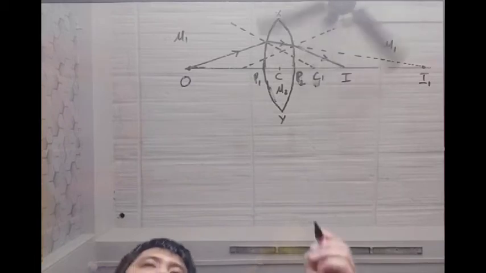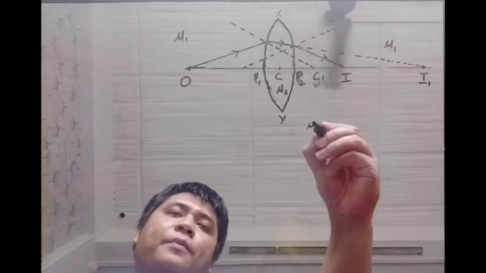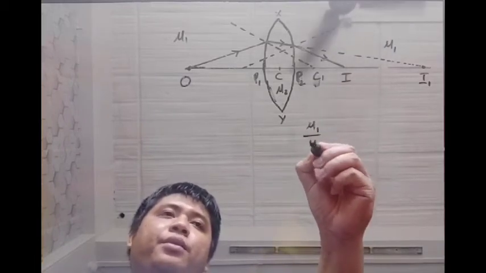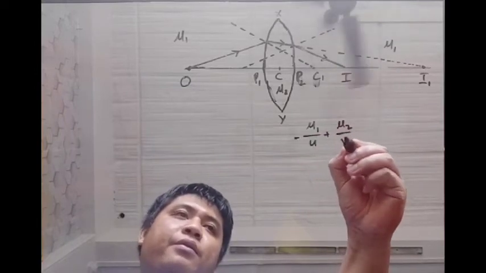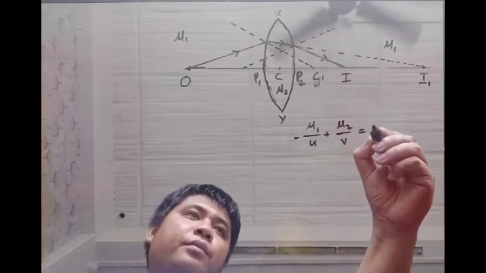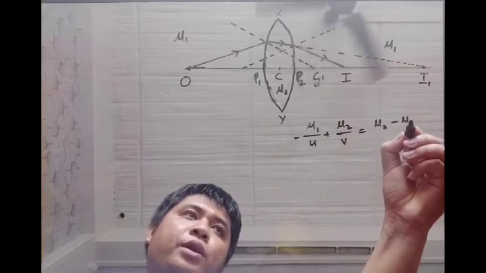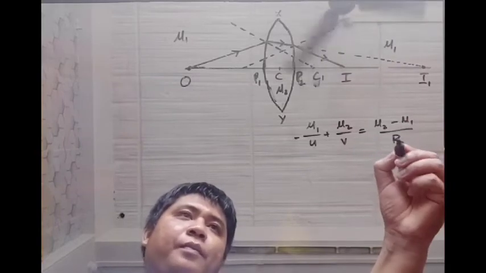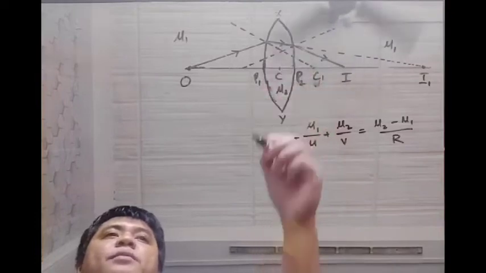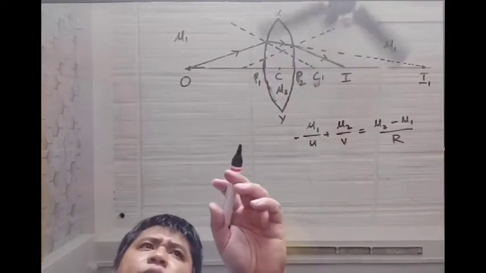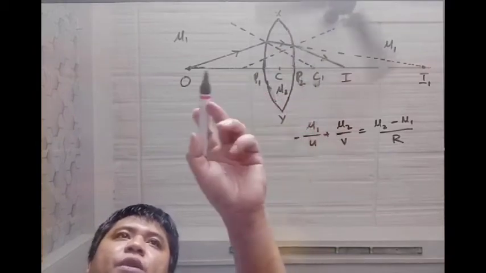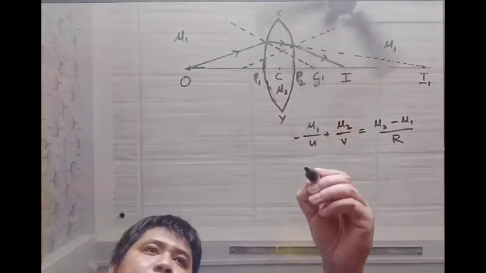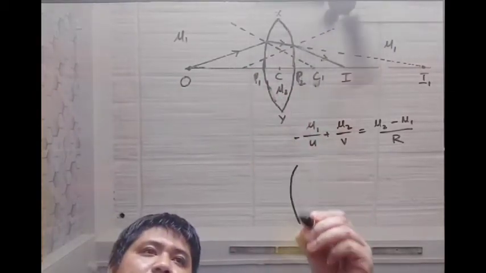We are going to apply this formula, minus mu1 by u plus mu2 by v equals to mu2 minus mu1 by r, for both refractions. First, I'm going to consider refraction through XP1Y. The diagram will be like this.